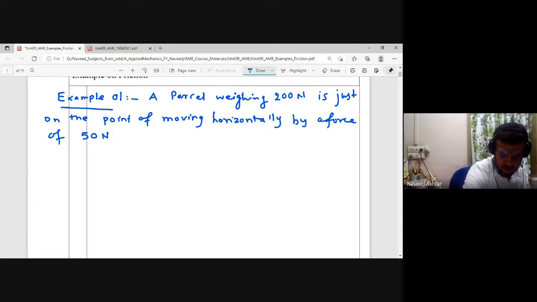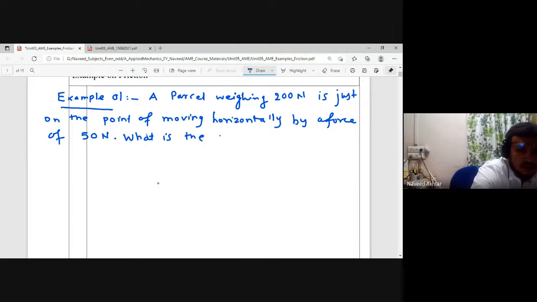What is the coefficient of friction? So you have to find out here.